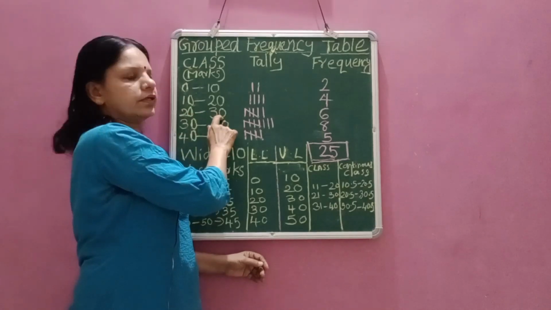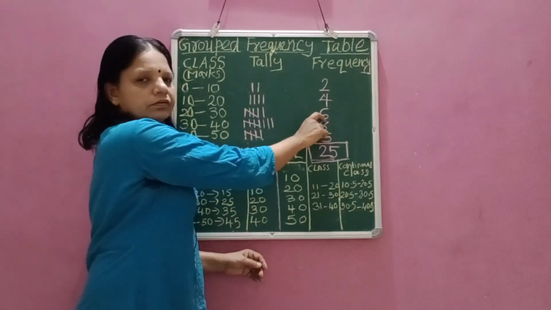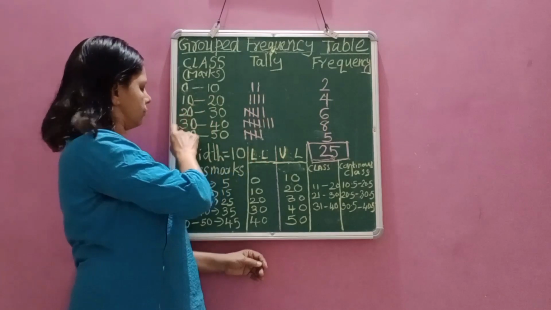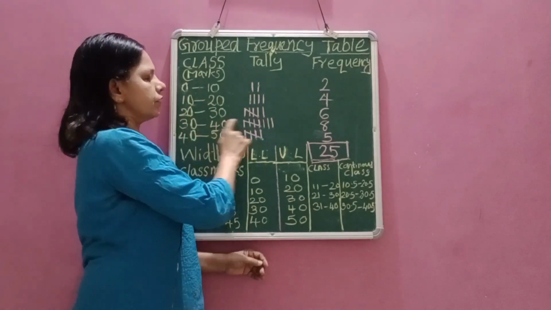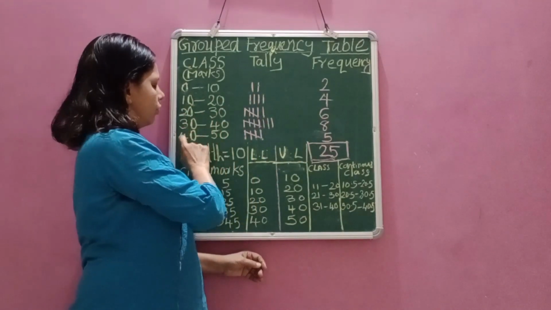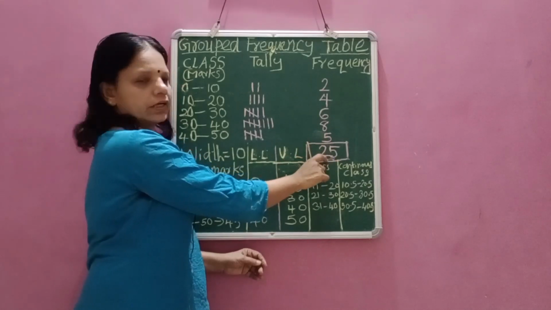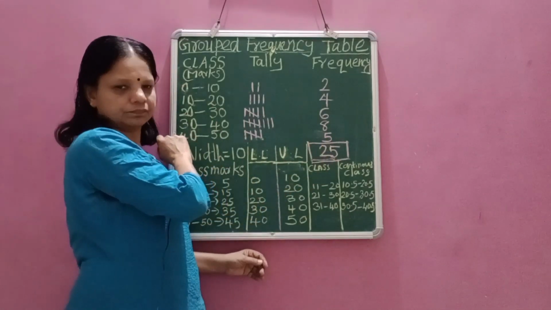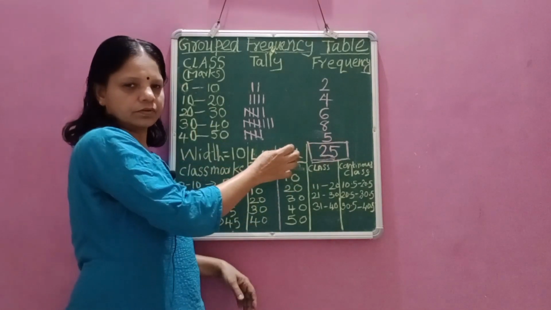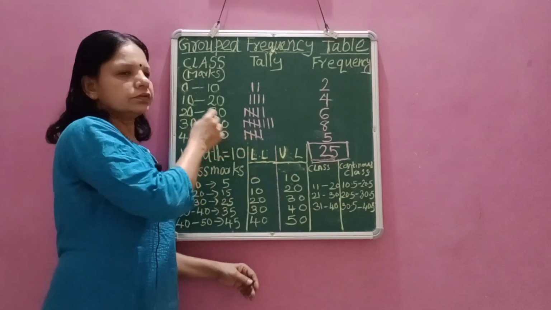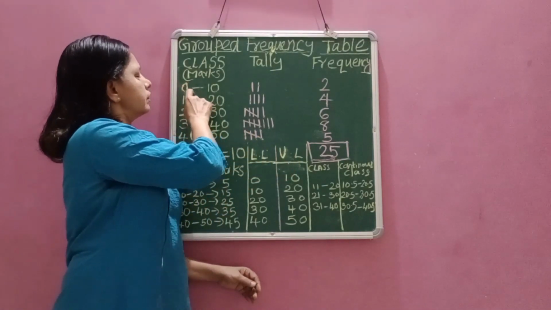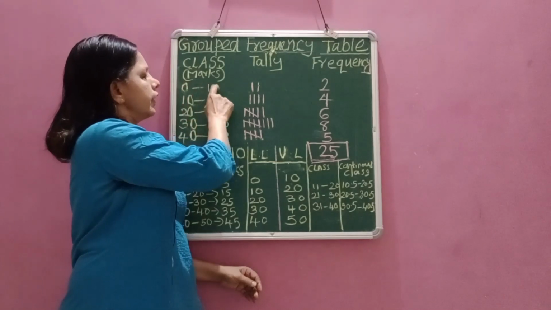Between 20 and 30, there are 6. Between 30 and 40, 8. 40 and 50, 5. And a total of 25 marks are there, 25 students.